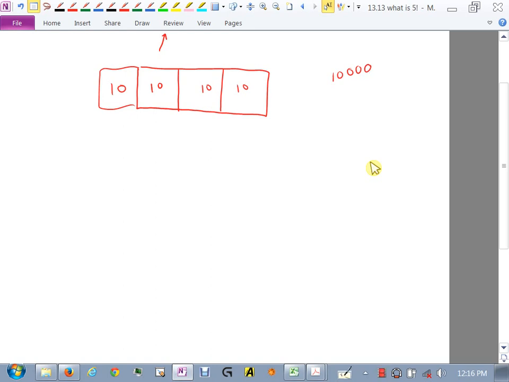Let's make this a little easier. Let's say we have 4 people, and y'all are going to race. How many different ways can they finish the race?